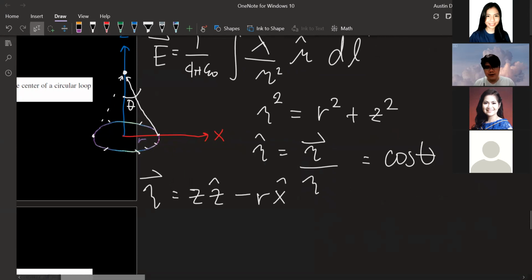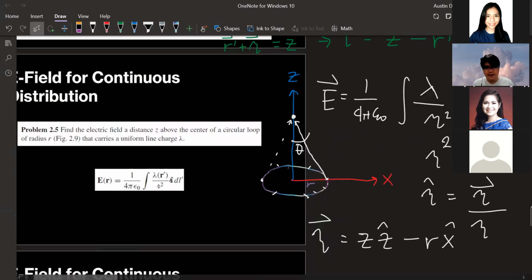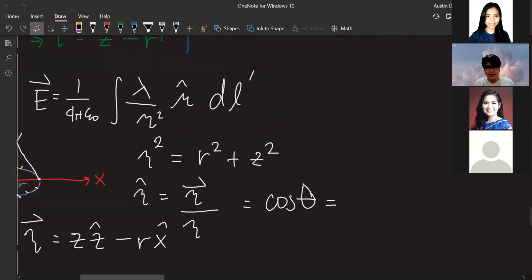So this is actually cosine theta also. Okay? But cosine theta is just adjacent over hypotenuse. Anong adjacent part niya? Z. Tapos yung hypotenuse mo will be the curly r. Tama? Magnitude ng curly r. So this is just z hat over curly r.